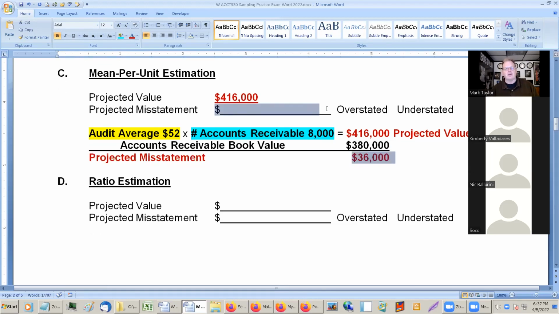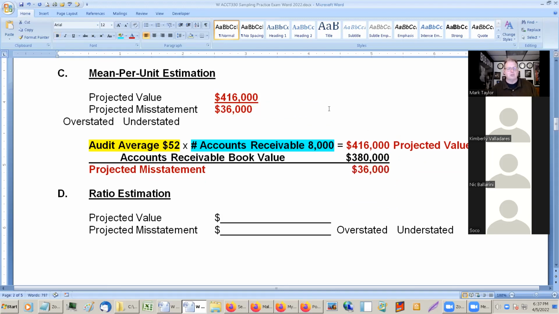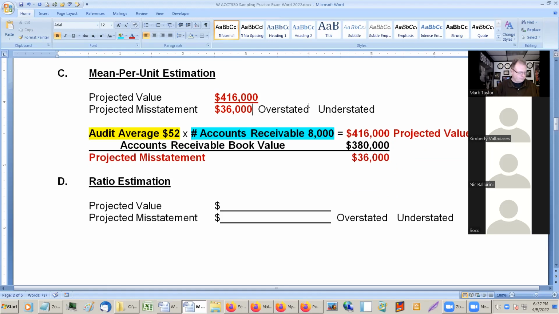Is that an overstatement or understatement? Understated. Yep. Yeah, so these are understated. It's lower than what we're saying, which is 416,000. They're saying it's 380,000.